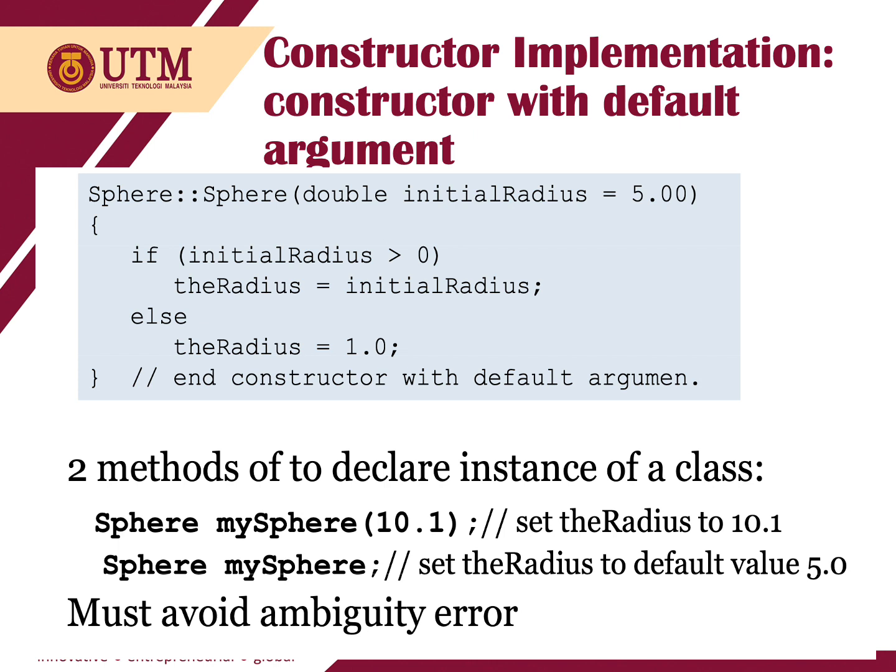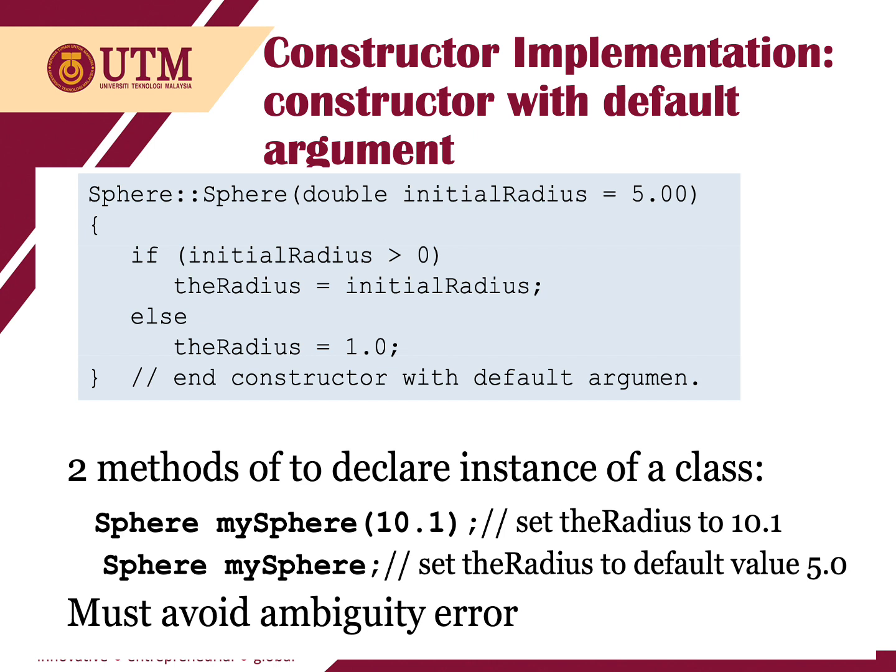For the second one, this is known as the default constructor. However, when implementing the overloaded constructor that consists of the default argument, the second instance, Sphere mySphere, with default argument, can cause an ambiguity error, because the compiler cannot distinguish whether to invoke the default constructor or the constructor with default argument.